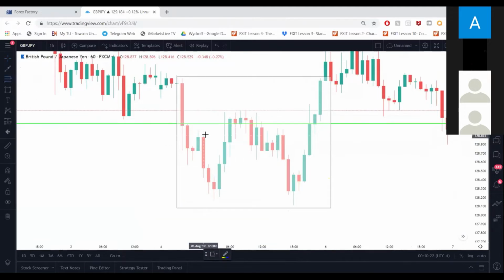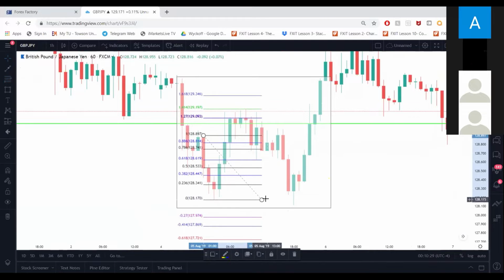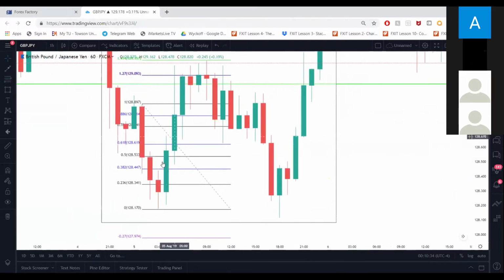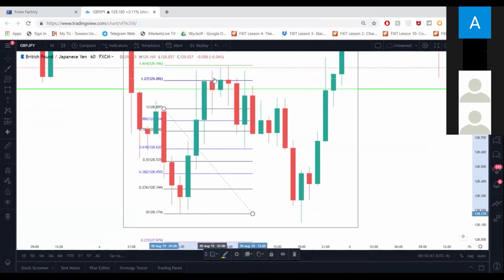So now we have this move right here, and it ended right there. This is a good example of when we get the idea that we need to close our sells. Why? Because this retrace has not stopped. You see it passed 61.8. As soon as it passed 78.6, you need to be closing your sells, because that indicates it's going to keep going higher.